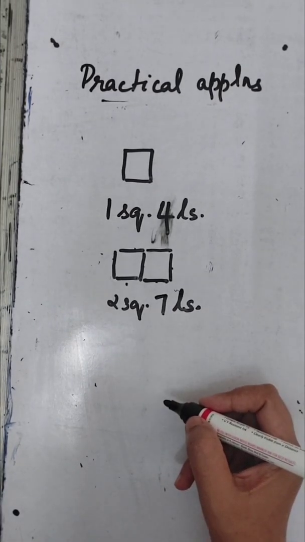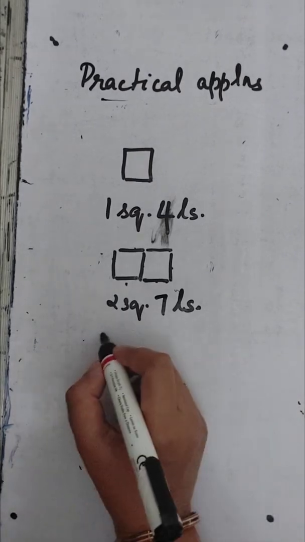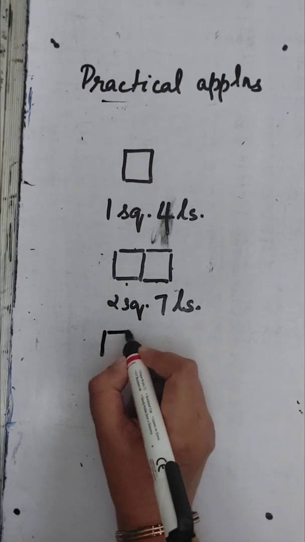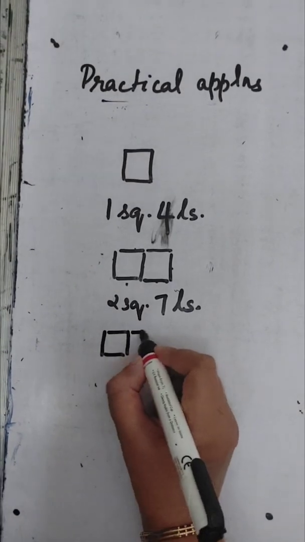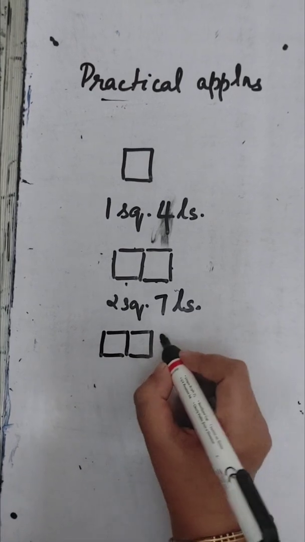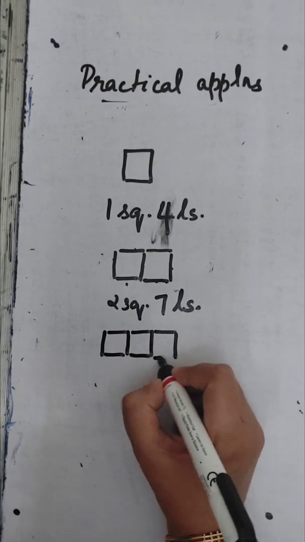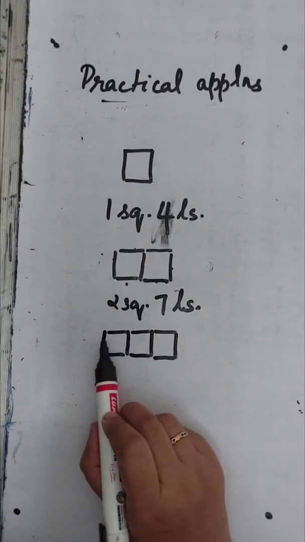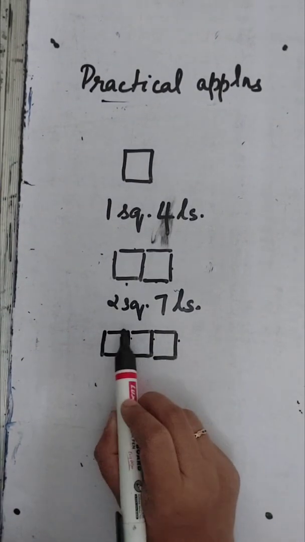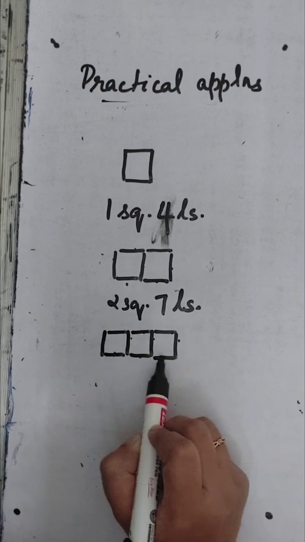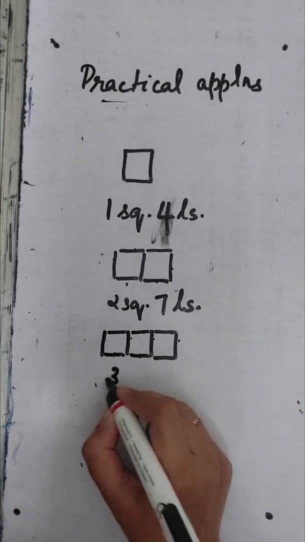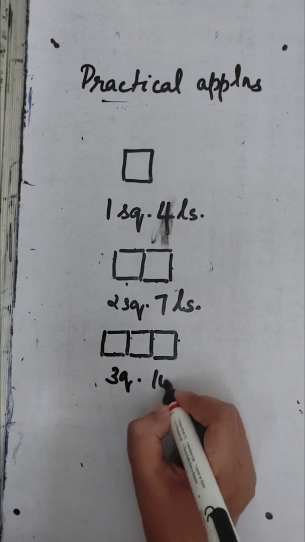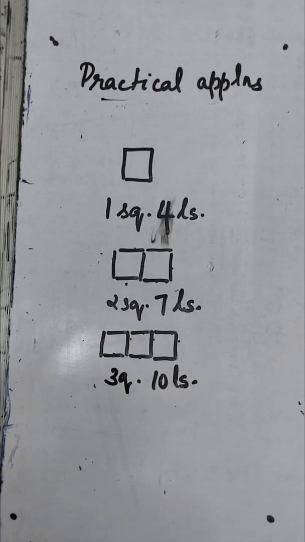Okay, similarly, take 3 squares. This is 1 square, this is the next square, this is the next square. Okay, so how many line segments do we need here? 1, 2, 3, 4, 5, 6, 7, 8, 9, 10. So 3 squares, 10 line segments.